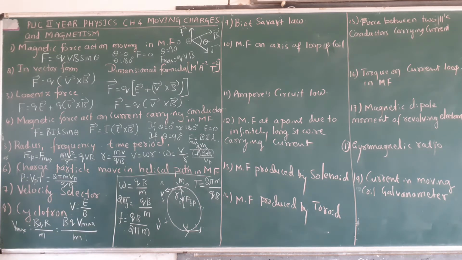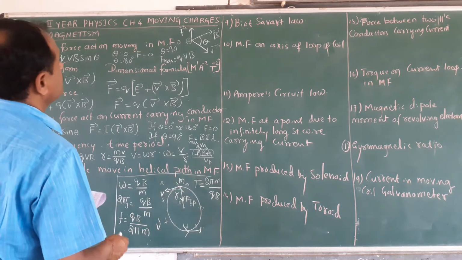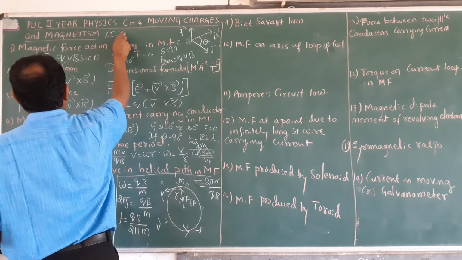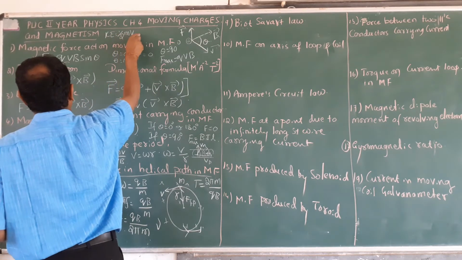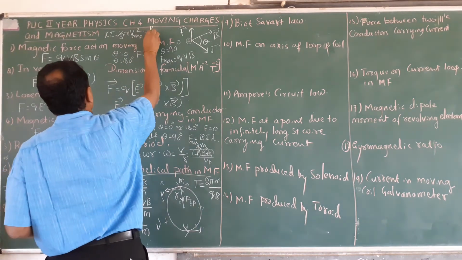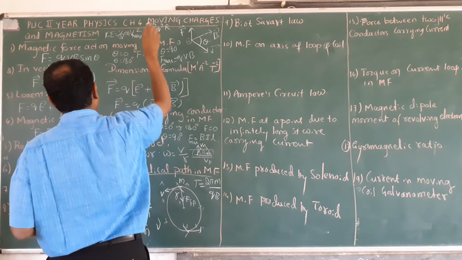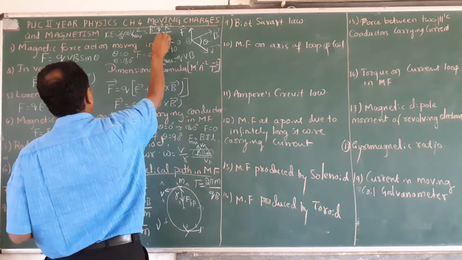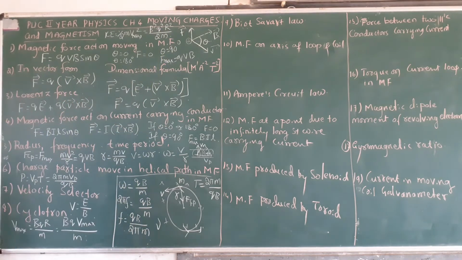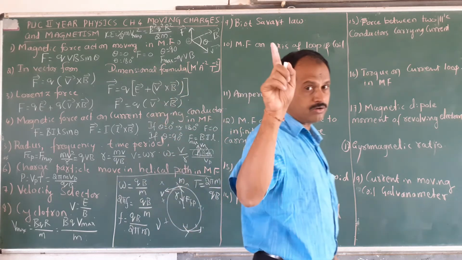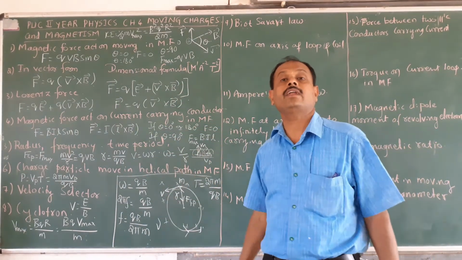Now the kinetic energy is equal to 1 by 2 m v_max squared. This is equal to B squared q squared R squared divided by 2m, which is the kinetic energy of the charged particle exiting from the cyclotron.